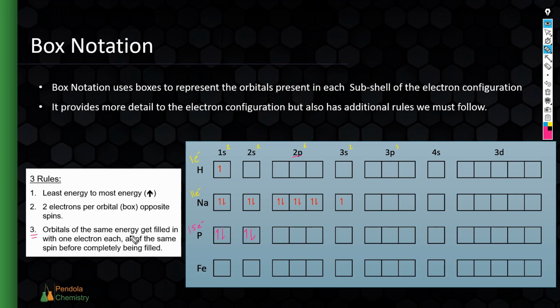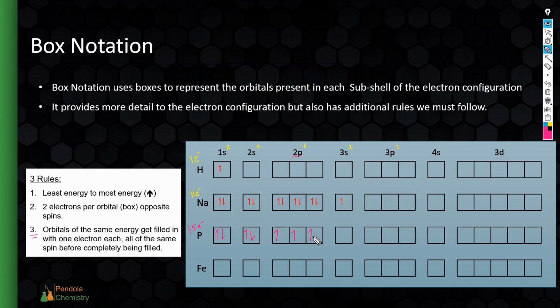Orbitals in the same energy, meaning same sublevel, get filled in with one electron each, all of the same spin, before being completely filled. What does that mean? That means that when we do a sublevel with multiple orbitals, that means anything but an s sublevel, we're going to do 1, 2, 3.